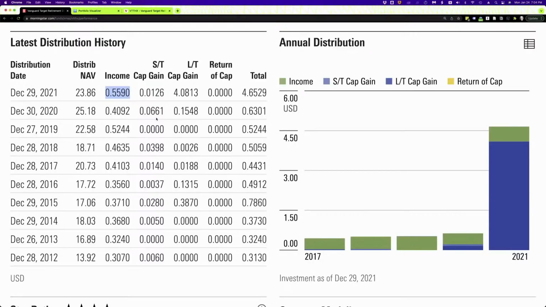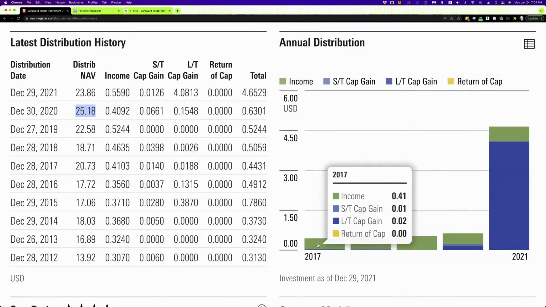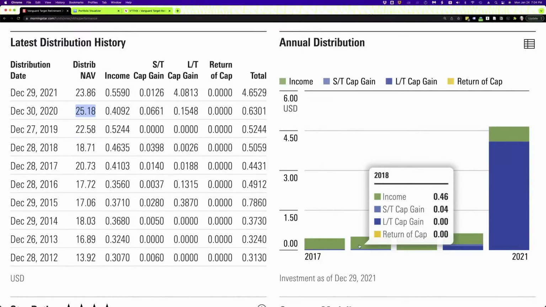Now, normally, even for a target date retirement fund, even though it might have some capital gains, we can look at 2020. This was what, 6.5 cents, almost roughly 15.5 cents on a $25 per share fund, at least that was its NAV at the time it distributed those capital gains. And you can see, we can hover over one, and it shows you the breakdown each year.